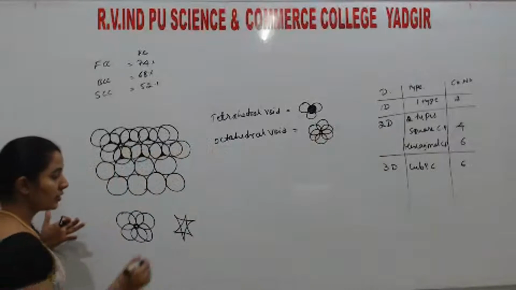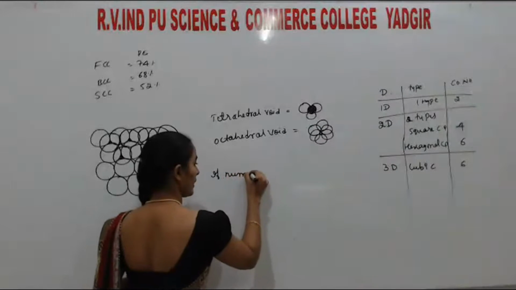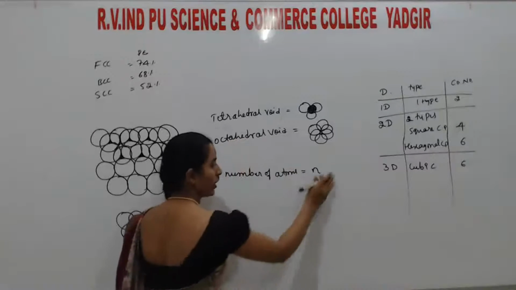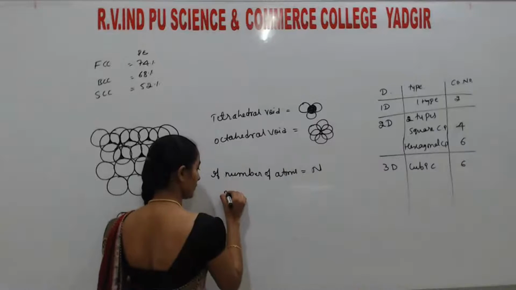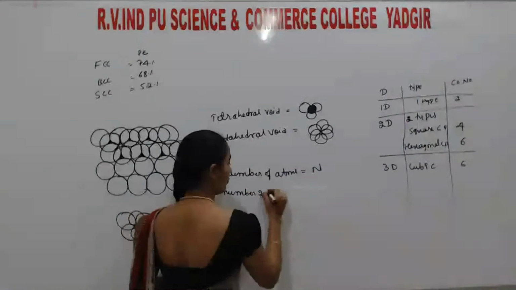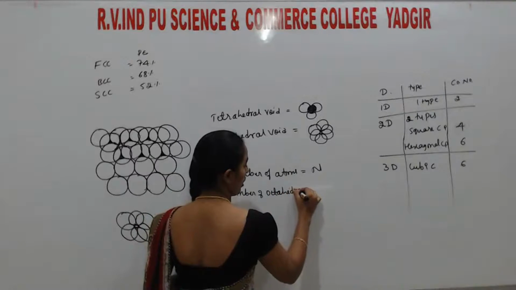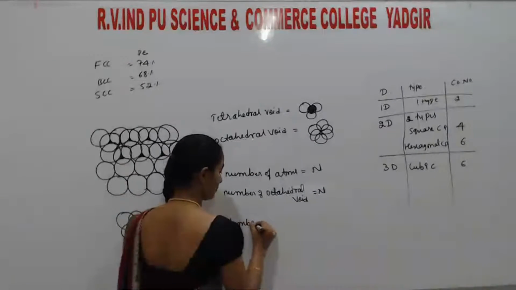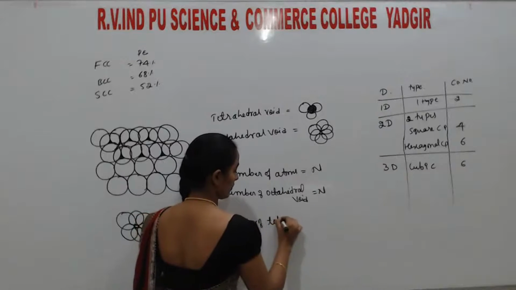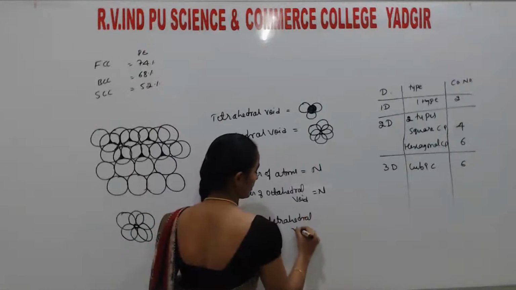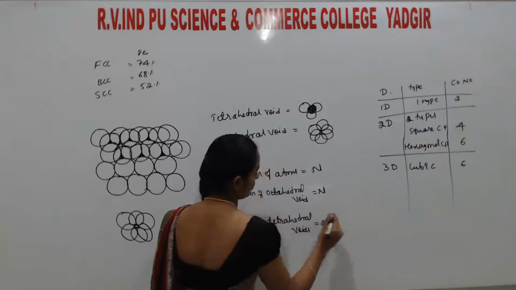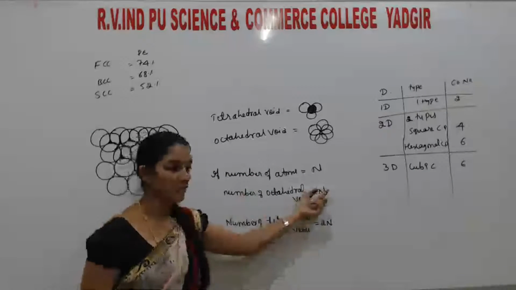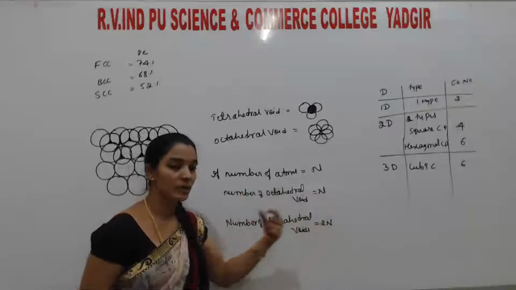So the next one, listen here: if the number of atoms is equal to N, then the number of octahedral voids also equals N, and the number of tetrahedral voids equals 2N. This is the formula.